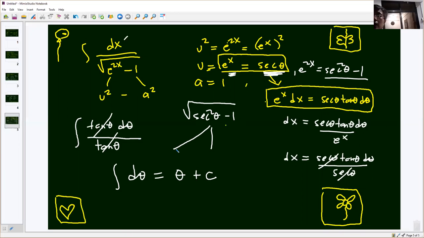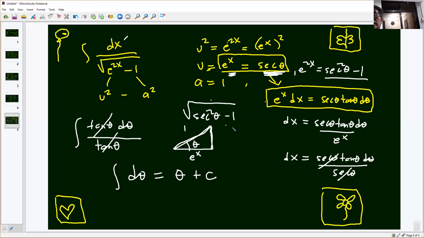O, your triangle, guys. This is theta. Secant natin is the reciprocal of cosine, right? Secant is adjacent over hypotenuse. So ito si e to the x, ito yung hypotenuse, 1.